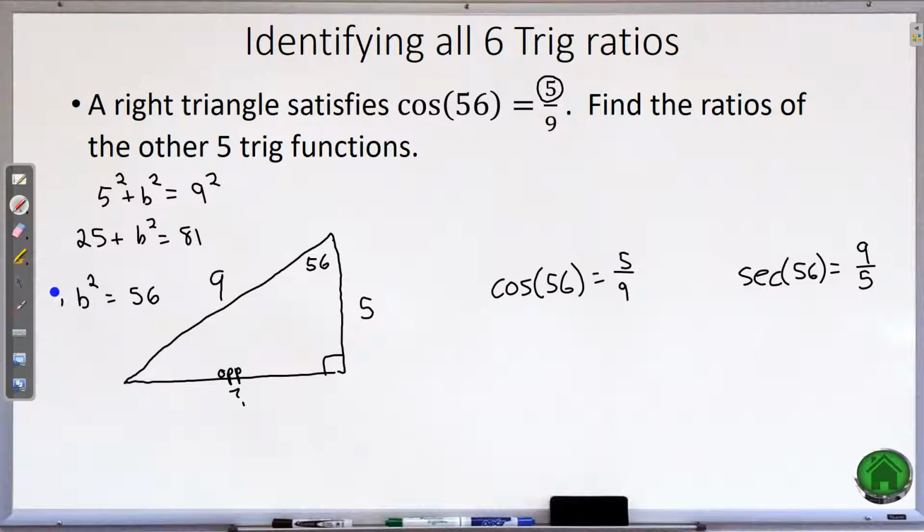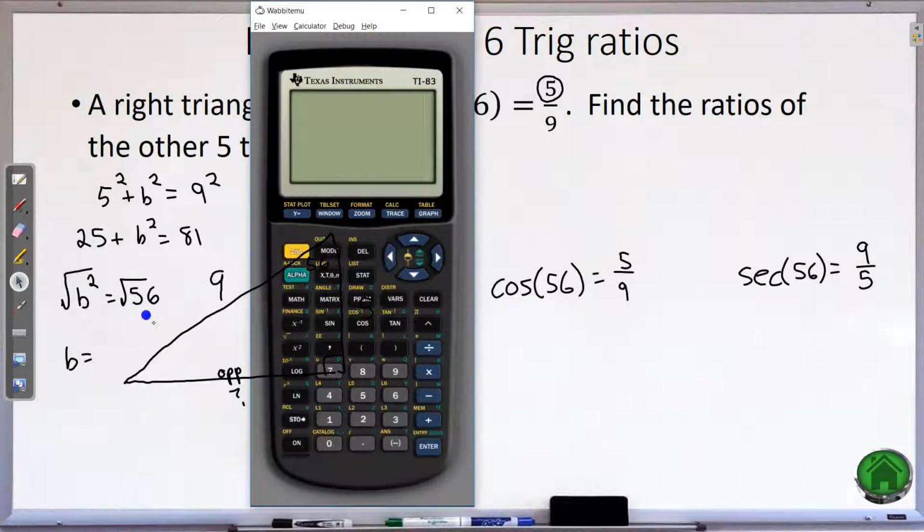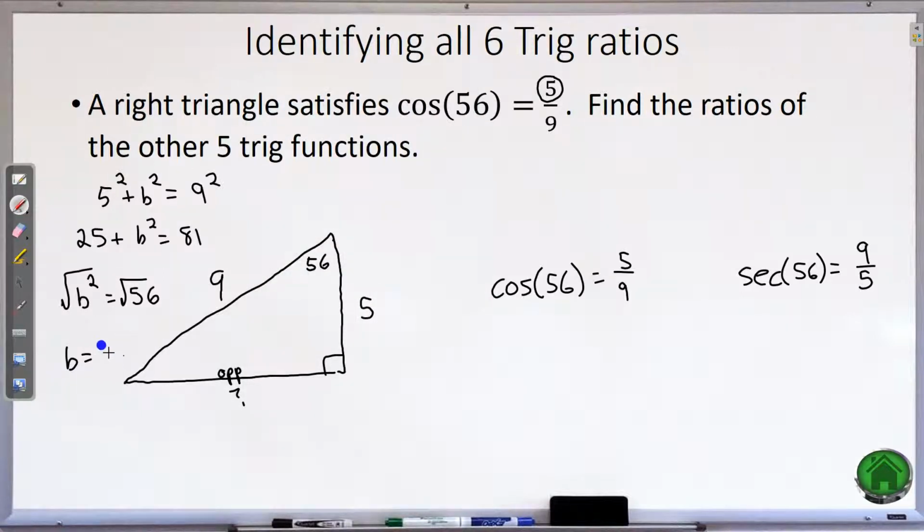And then we need to square root both sides so that b is equal to, that one I can't do in my head, oops. So we need the square root of 56. Gives us, let's call that 7.5 just for easy calculations. 7.5.